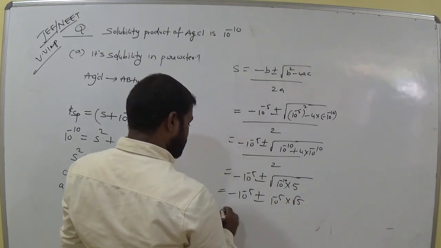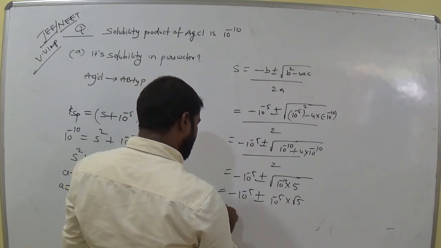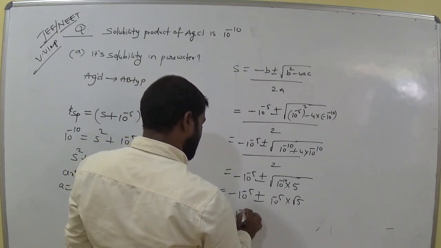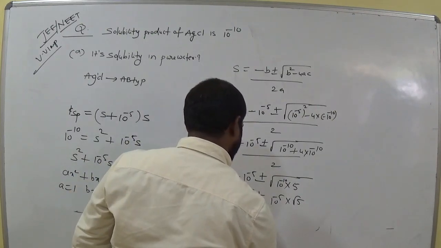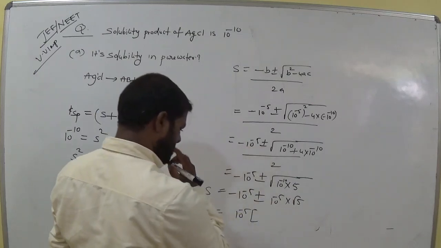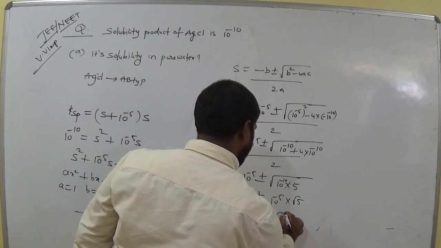So now S is equal to this, and take the common 10 power minus 5 here. Now minus 1 plus or minus root 5, am I right?